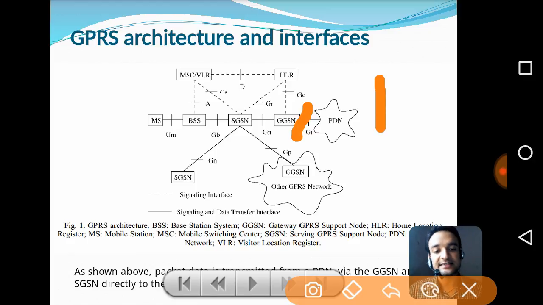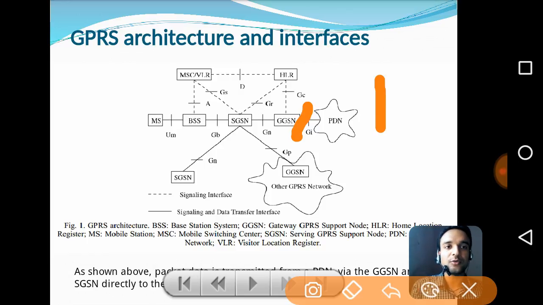And what is SGSN? SGSN stands for Serving GPRS Support Node. That is actually like an MSC, as you have studied in the previous videos of our GSM. An MSC is a mobile switching center. It forwards a call to the destination base station having the mobile equipment attached to it.